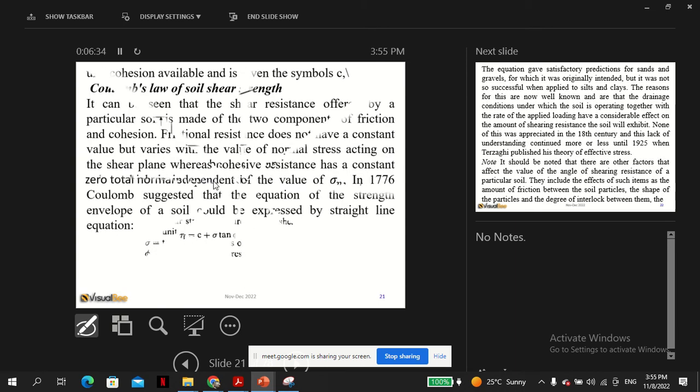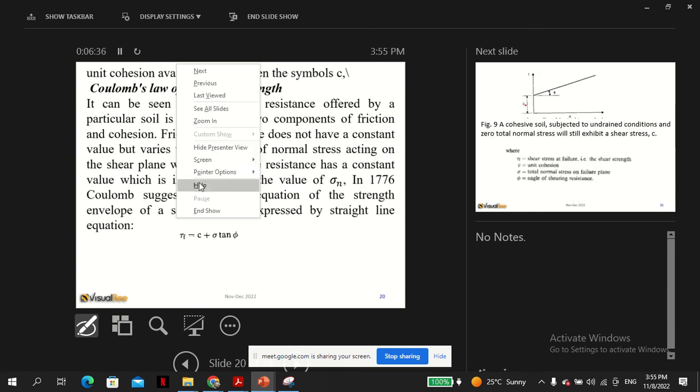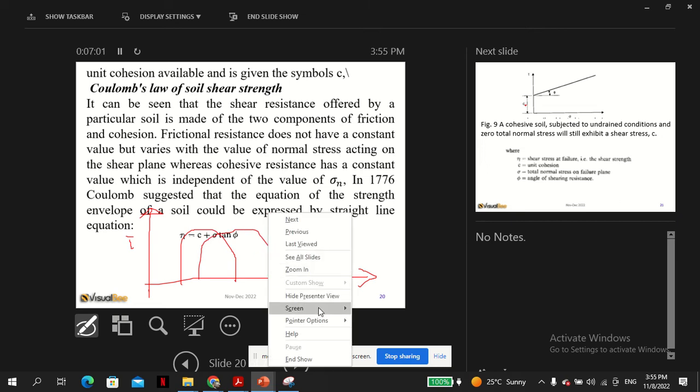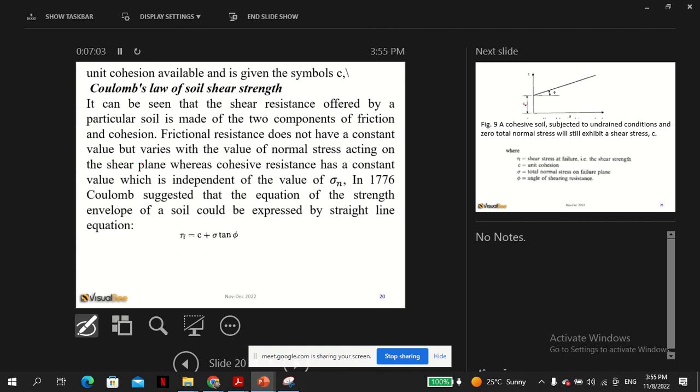So in a nutshell, this is what Coulomb gave to us. Actually, in reality, this is not exactly the case. In reality, if you draw more circles, the envelope is not actually a straight line. You can have several curves there.